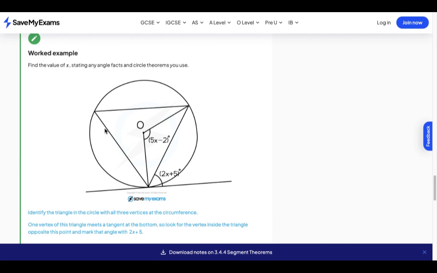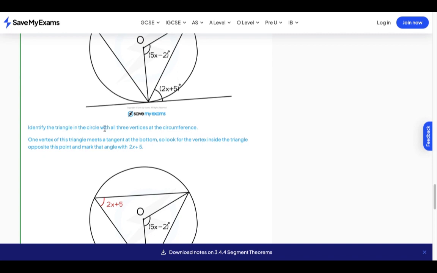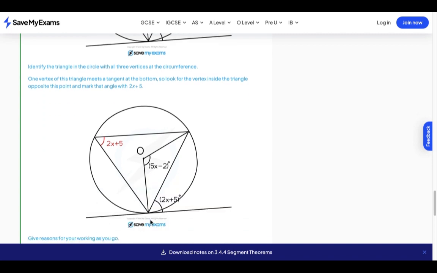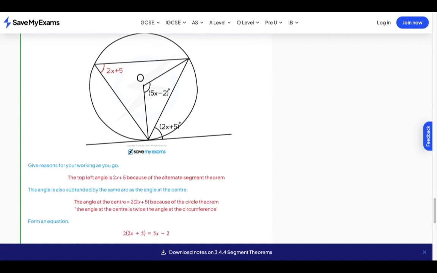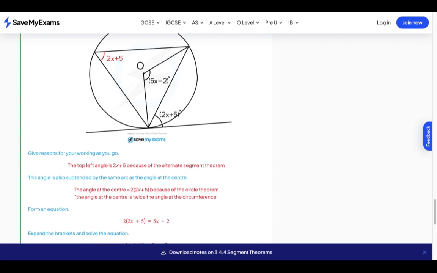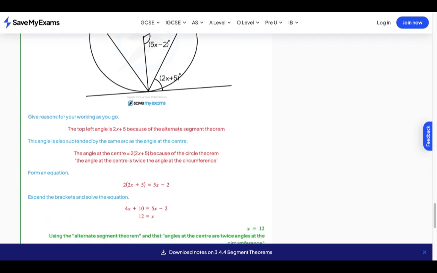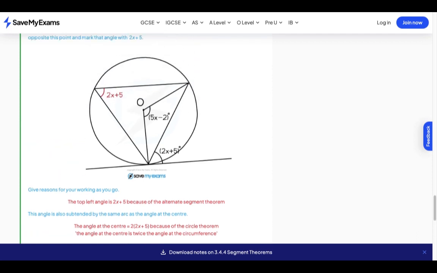Then we can find the value of x. 2x plus 5 was the angle here, equal to here, 2x plus 5. Angle at the center is twice the angle at the circumference, so you cannot use the angle at the center to solve this one.